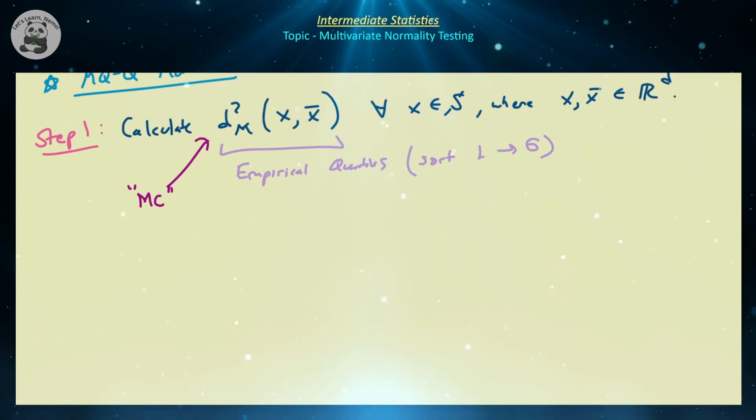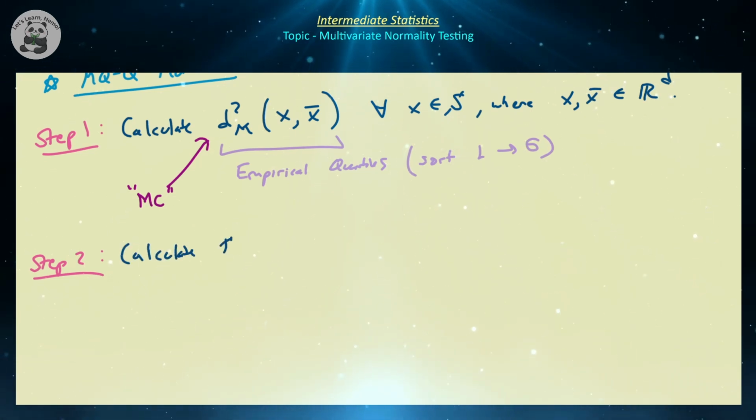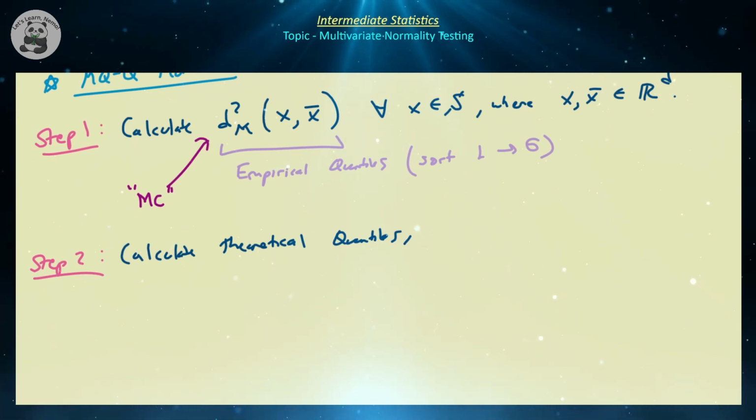So the second thing I need to do is calculate my theoretical quantiles, which I'm going to store in a vector. Let's call it MT, my theoretical Mahalanobis distances. So how am I going to do that?